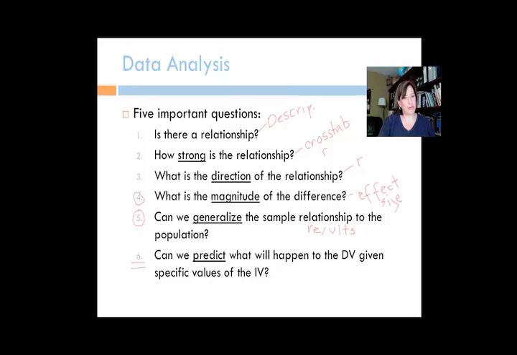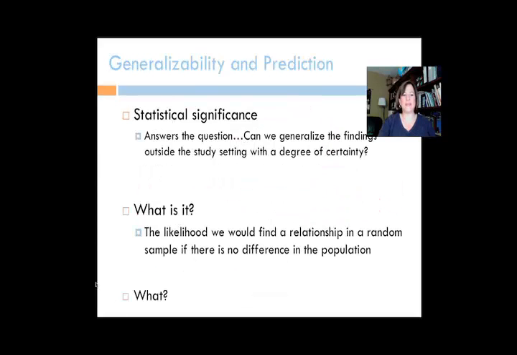You probably have heard it before. It answers the question, can we generalize the findings outside the study? Provided that our sample represents the population, can our findings be generalized to the population with some level of certainty? That's what statistical significance is. It answers that question. Okay, that's great. But what is it? It is a likelihood.